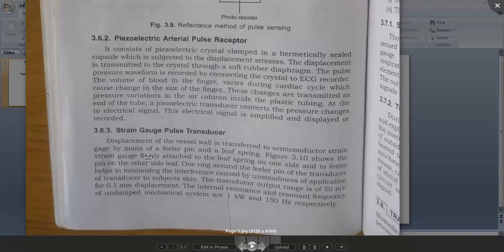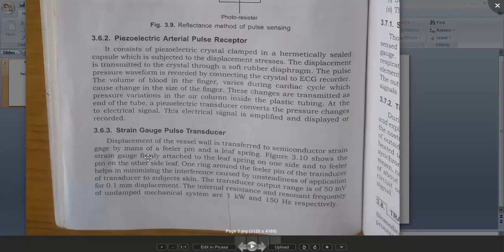So here we have a tube-like structure. At one end of the tube, we will place our sensor, our object. Here, the object is the finger. When the finger is placed, due to the cardiac cycle there will be some pressure variations at the finger side, and due to those variations, inside the soft rubber tube there will be pressure variations.